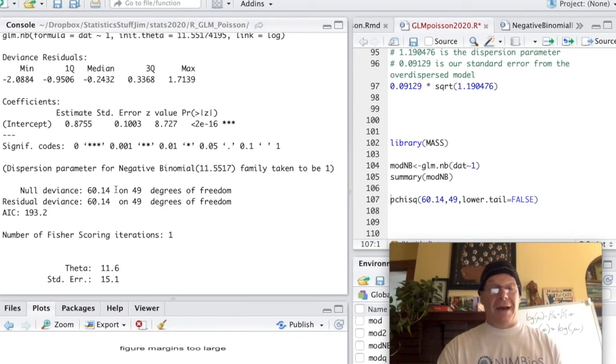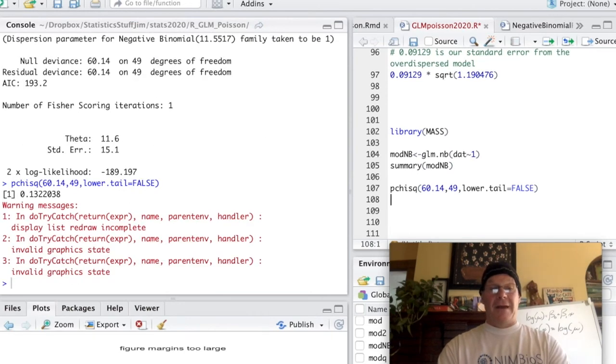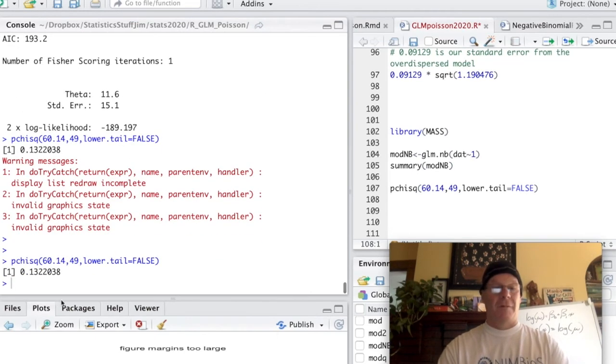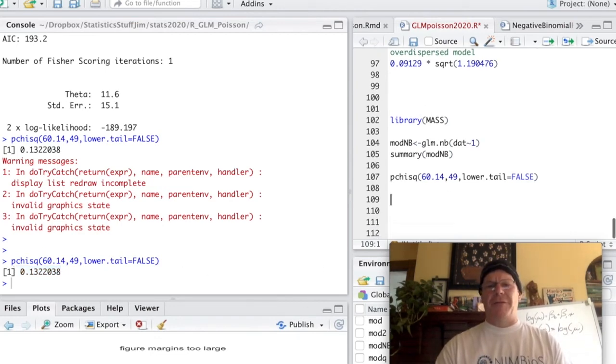But what I want to point out is, if we were to look at the residual deviance and see whether or not we're overdispersed, we can pop that in there, and then that would be the p-value. So we would accept the null hypothesis that our observed data is the same as our predicted data based upon the model.